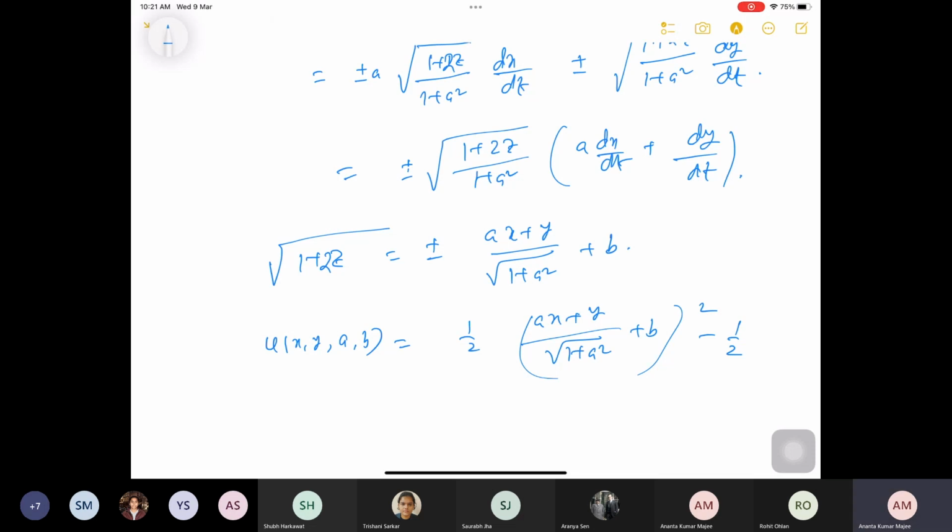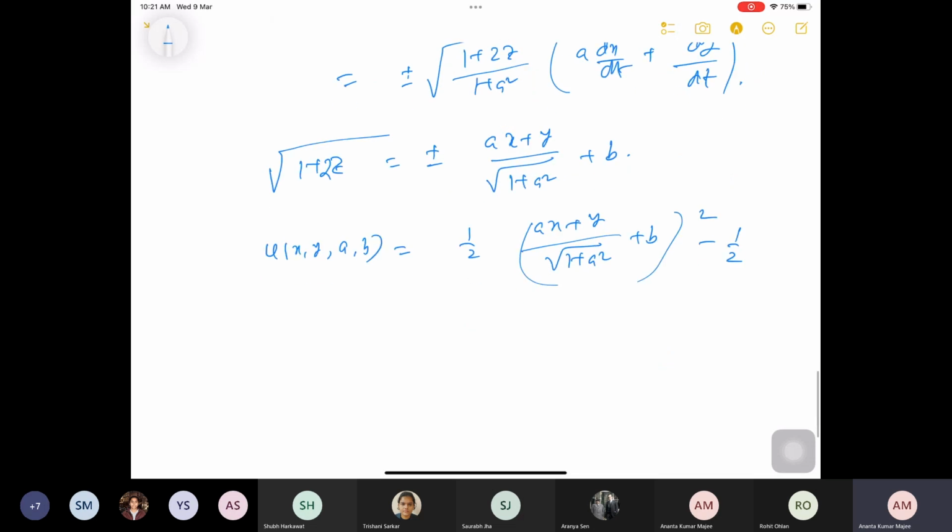Now u(x, y, a, b) satisfies your PDE. To confirm it is a complete integral, I have to check that the rank of this matrix, the matrix of the derivatives of u with respect to a and the mixed derivatives, should be 2.